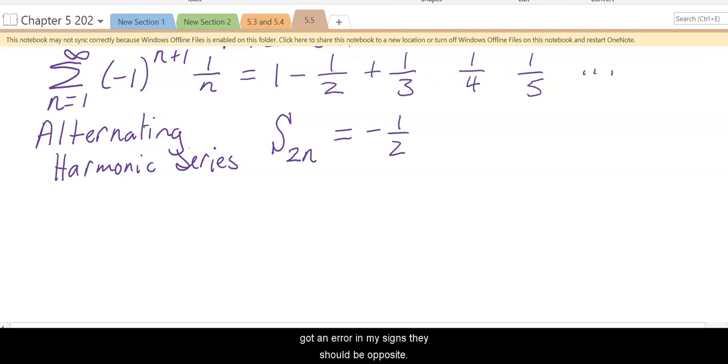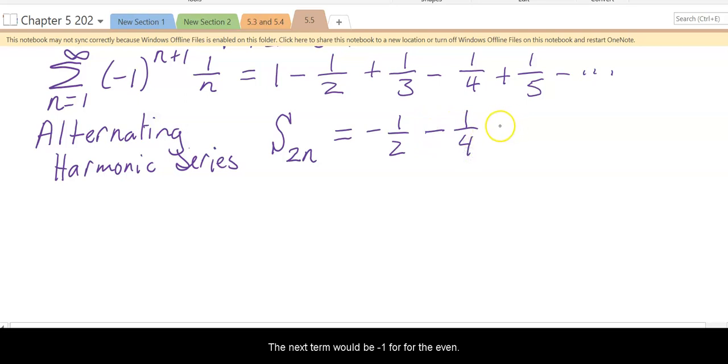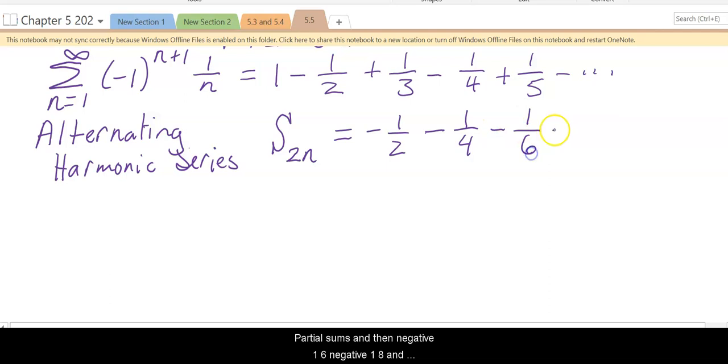These should be opposite. This is the issue with having no students in the class to catch my careless mistakes. So the next term would be -1/4 for the even partial sums, and then -1/6, -1/8, and so on, forever and ever.